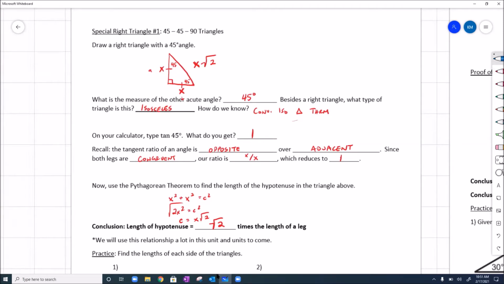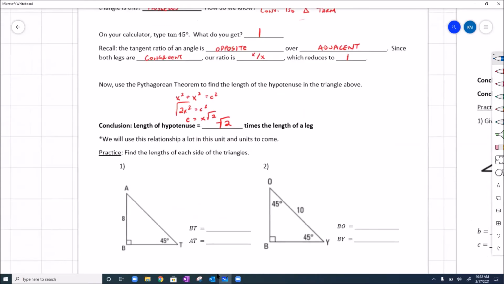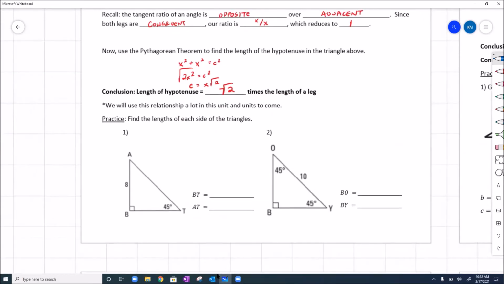When we're asked about a 45, 45, 90 triangle, we're going to need to know these ratios: x, x, x radical 2. This is our 45, 45, 90 triangle. As we get values for sides, they won't just be a variable, so let's look at how we'll find those lengths and values in these two examples.